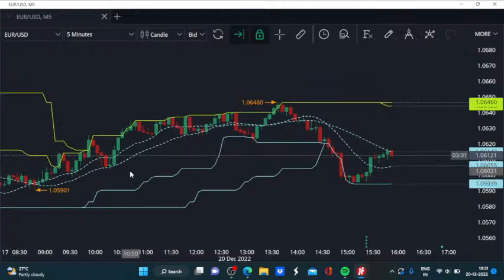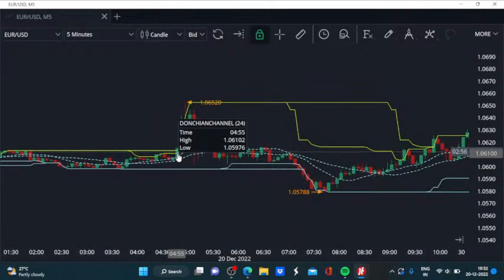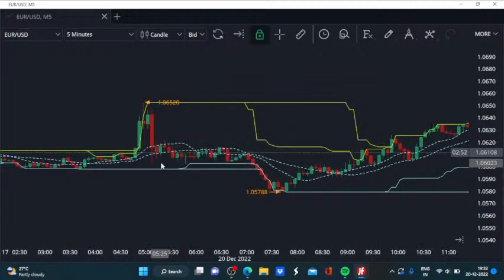So here, if we consider the Euro USD's price move so far, earlier in the day there was this sharp move on the higher side after the announcement of the monetary policy from the Bank of Japan, and as expected, the Bank of Japan didn't really make any policy changes, but it increased its band of the JGB, and as a result of that, there was sharp appreciation seen in the Japanese yen.